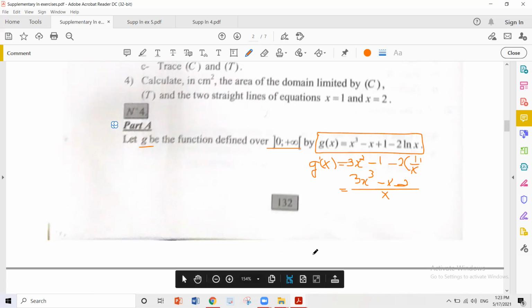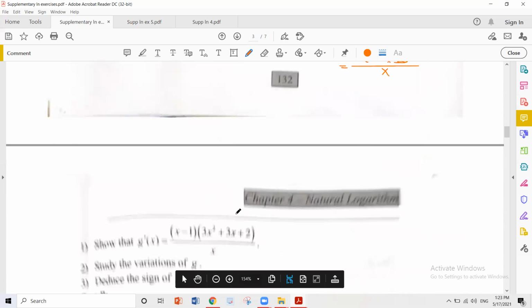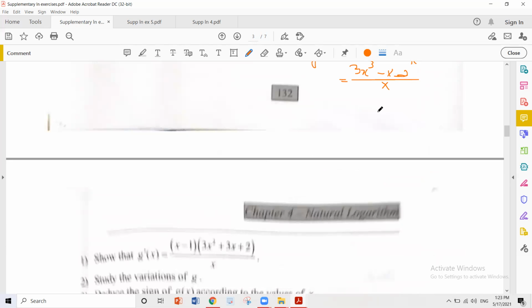How to prove it is equal to x minus 1 into 3x squared plus 3x plus 2?